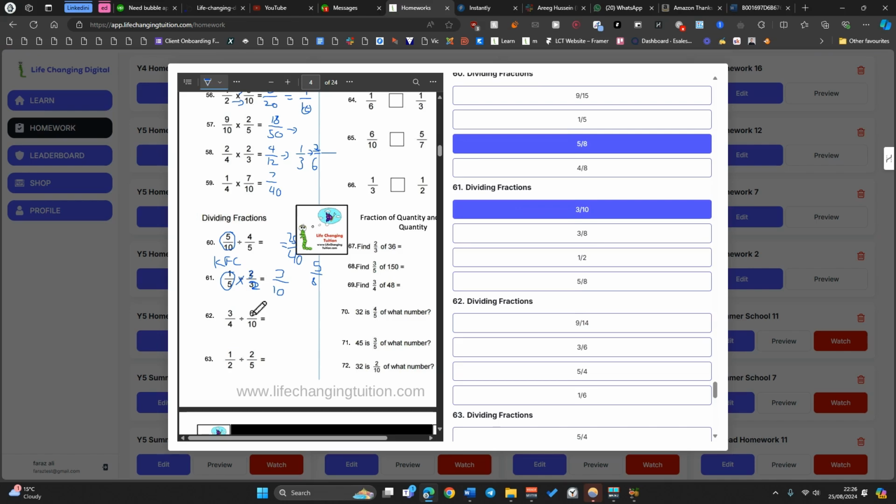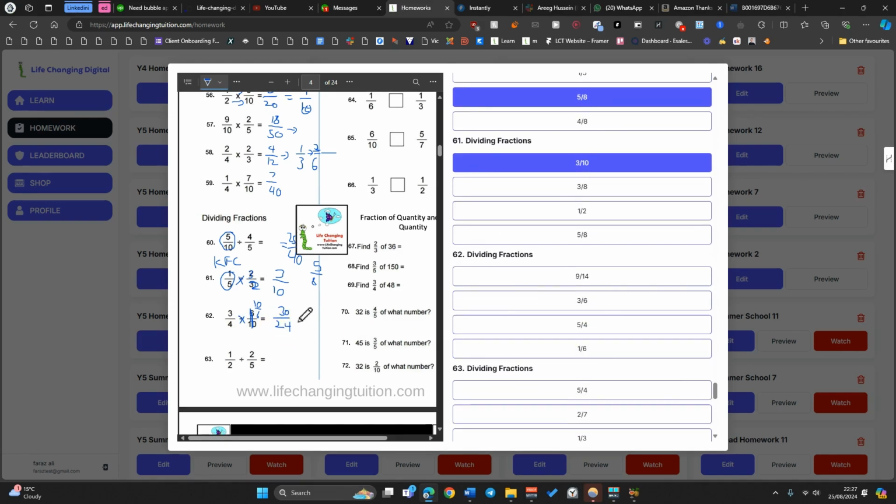Okay, keep the left, flip the right, so again, it's going to be 10 over 6 that we're using, and then you change the divide to a times, so now it's 10 times 3, which is 30, 4 times 6, which is 24, and we're going to have to simplify that.